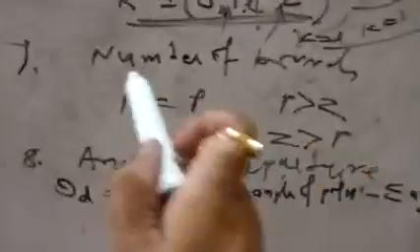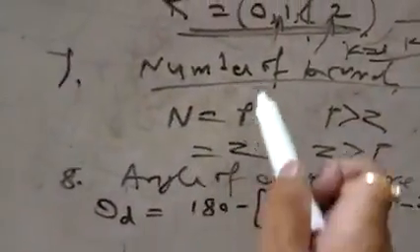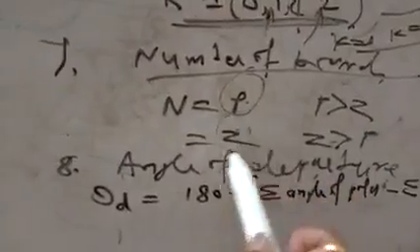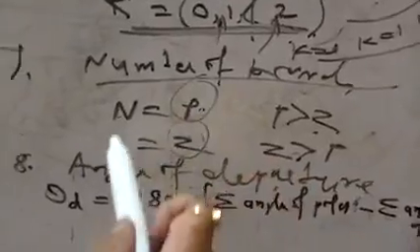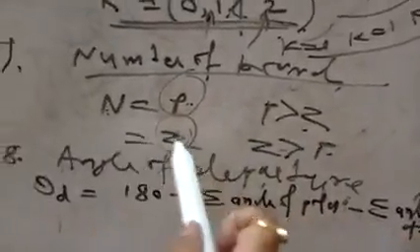Next is the number of branches. Number of branches depends on the number of poles and number of zeros. If poles is greater than zeros, number of branches is p. If zeros is greater than poles, number of branches is z. Here z is equal to 2, p is equal to 5. So n is equal to 5. The number of branches of root locus is 5.